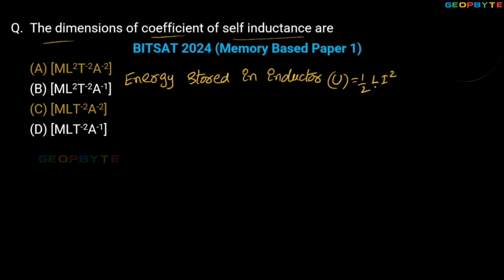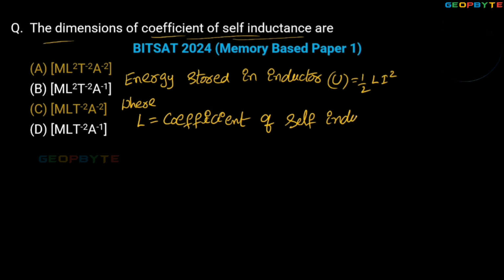Here L is the coefficient of self-inductance. From that, I can write coefficient of self-inductance L equal to 2U by I square.